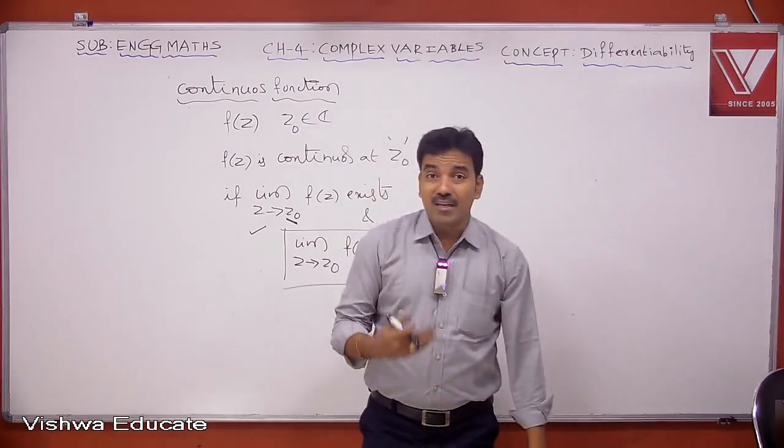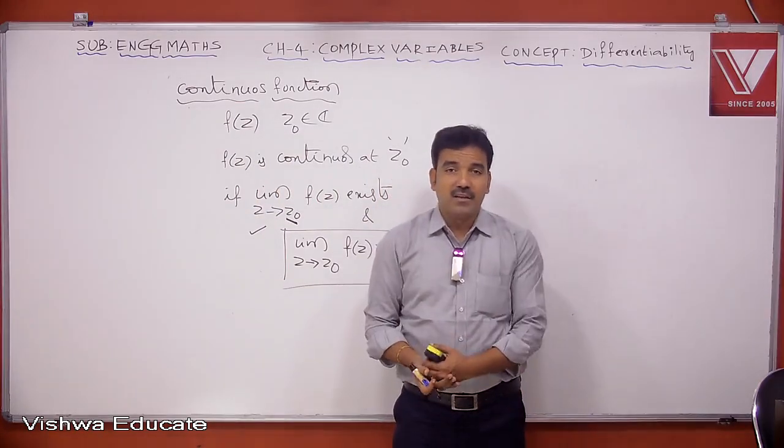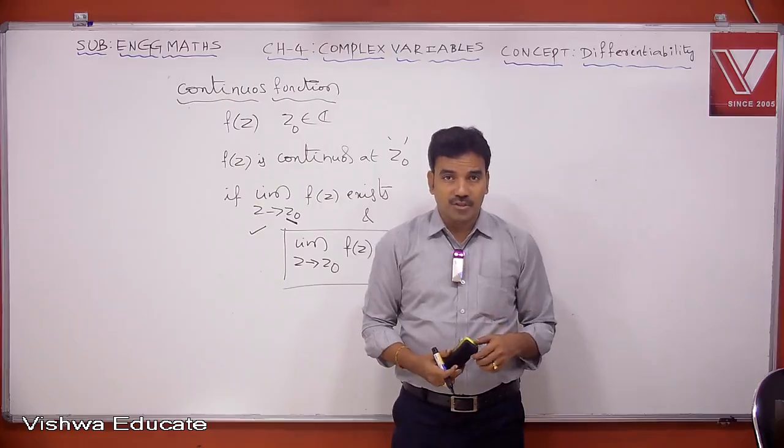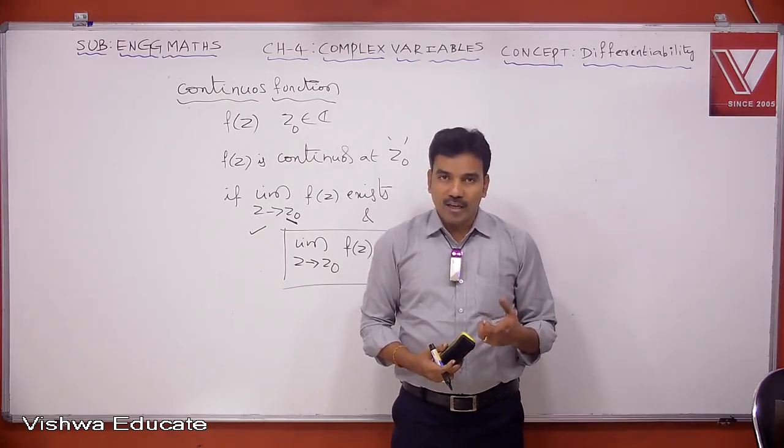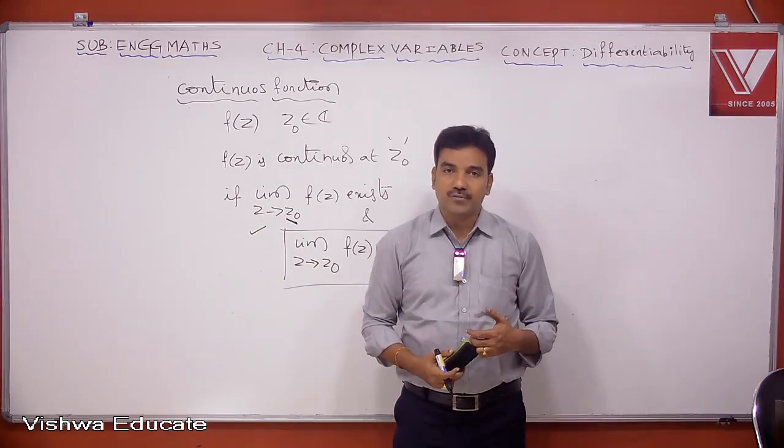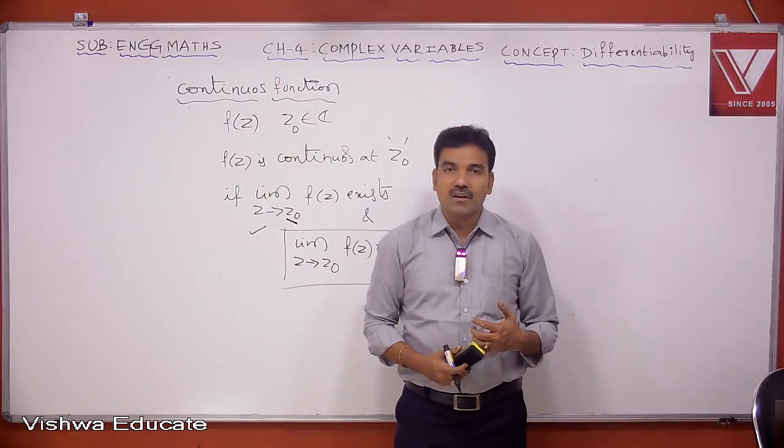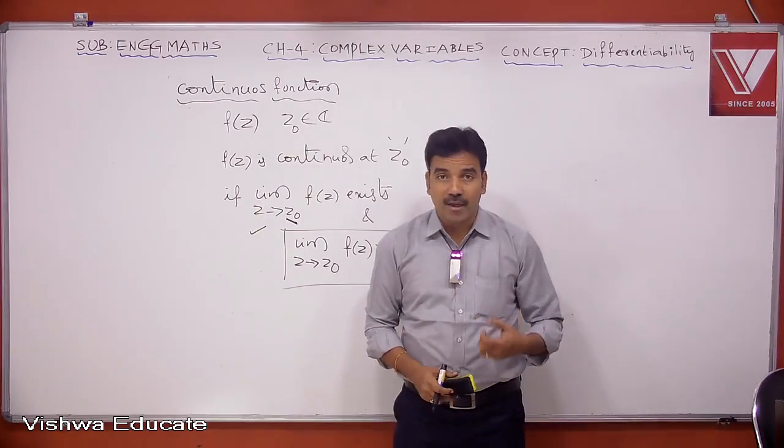Let me recall the differential calculus, chapter 3. When you've gone through polynomial expressions, e power x function, sine function, cos function, all these functions are continuous at all points in the real plane.